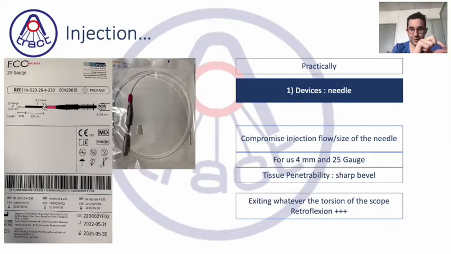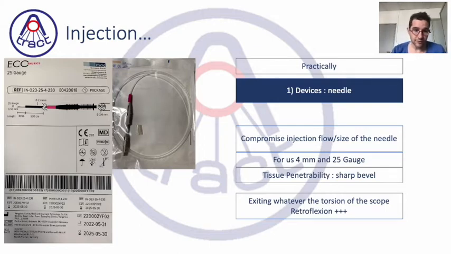Before, with the plastic catheter only, sometimes the needle could exit outside the catheter and damage the scope, but with the metallic part, it opens in any position.